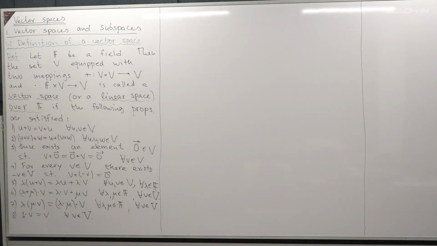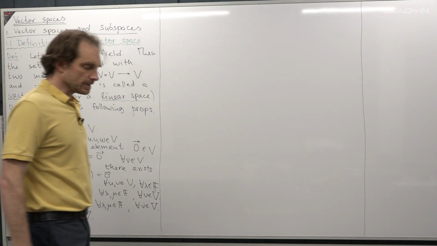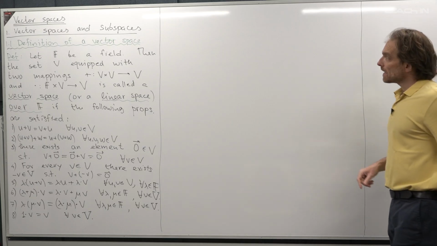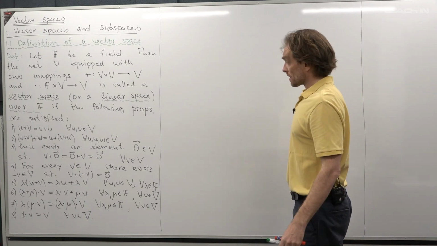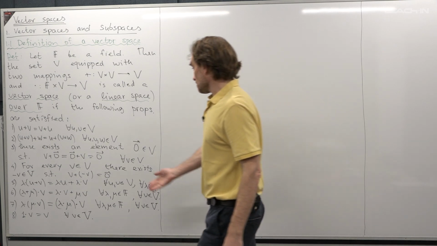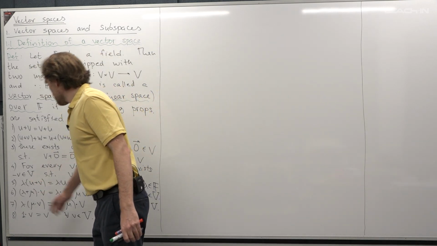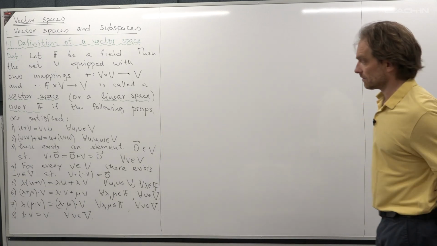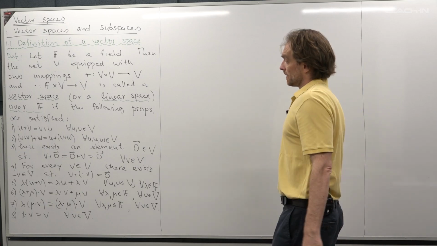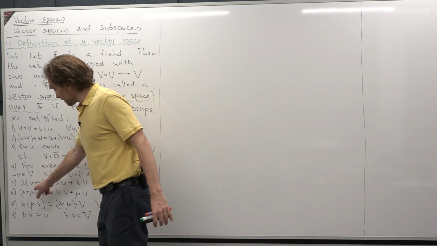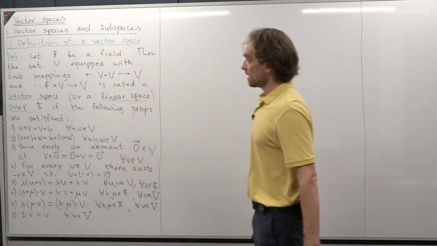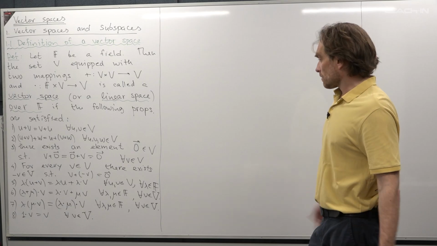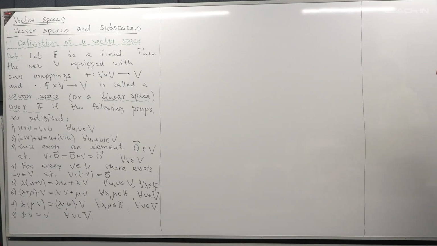So these 8 properties should be satisfied, and once they are satisfied, we call this set a vector space or a linear space. The properties number 5 and number 6 are called distributivity. There are 2 different distributivities here, because in the first of them we add vectors, and in the second of them we add elements of the field. But both of them are called the distributivity property.